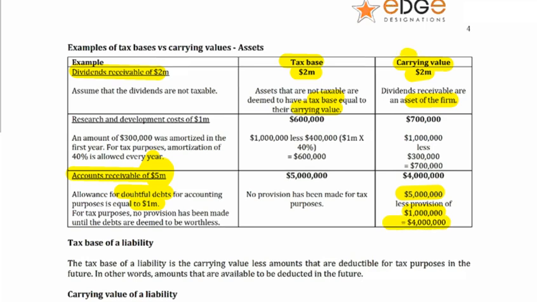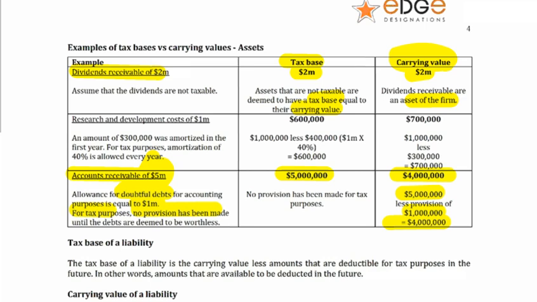My carrying value, my asset, is then sitting at $4 million. What would the tax man say? No, he says, for tax purposes, no provisions allowed until there is actually a bad debt in place. So he keeps the value at 5 million. We keep the value at 4 million. The difference of $1 million, of course, is just due to timing differences until, assuming those bad debts do go bad, they'll reverse itself out.